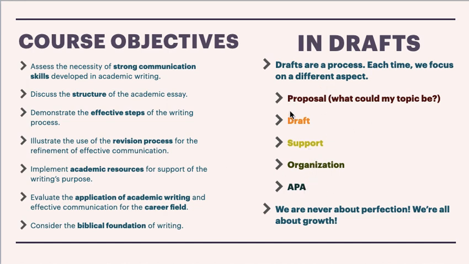So each time you do one of the drafts, part of what I'm looking at is that specific session and topic. So maybe looking at adding resources and what support looks like. While I'm focusing on a big picture item, I'm also going to give you support consistently about all the elements.